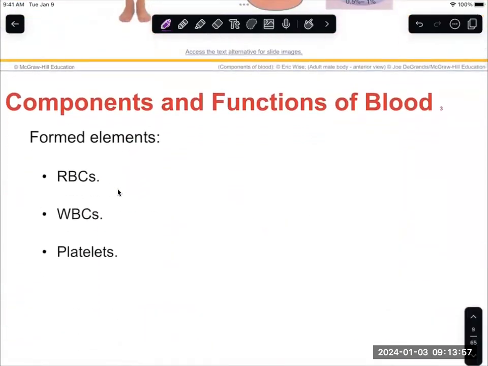So, red blood cells here, they're about 45% of those formed elements. And we're going to find about 99% of the red blood cells in that section where the formed elements are.